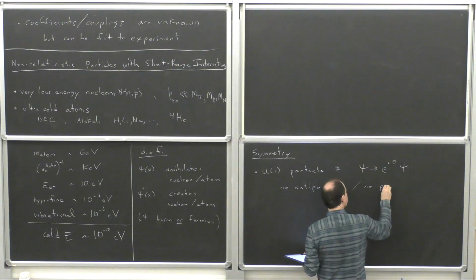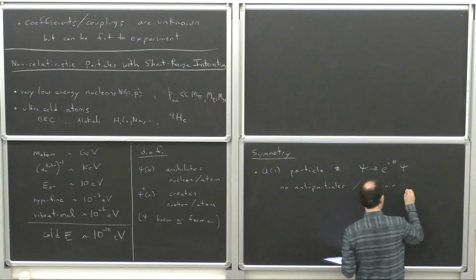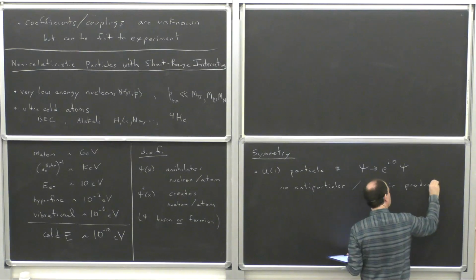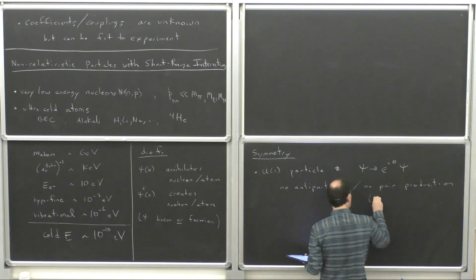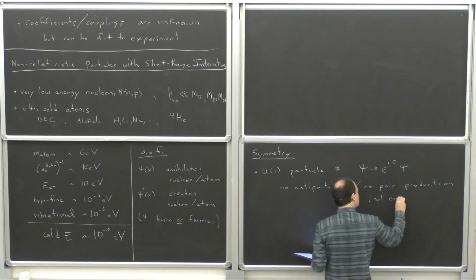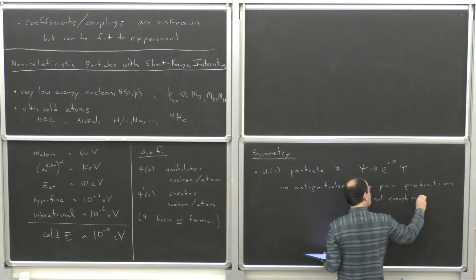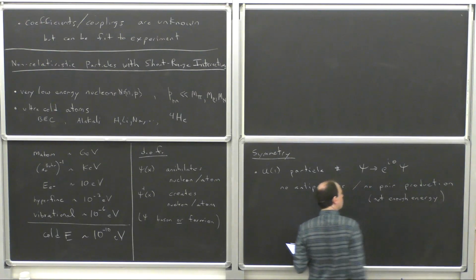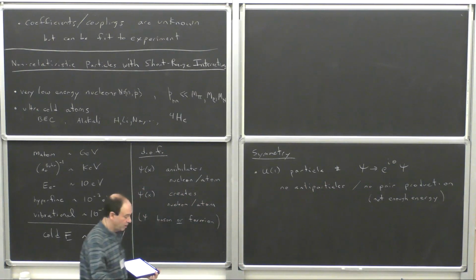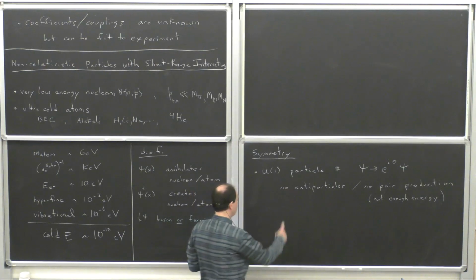There's no pair creation, so if we don't start with any antiparticles, then none of them get created. Okay, so we have a particle number conservation from this symmetry.